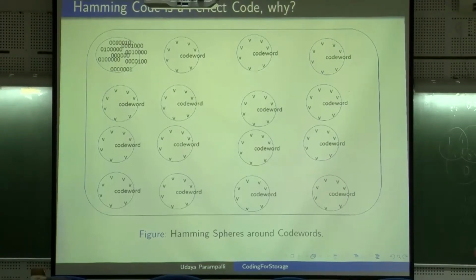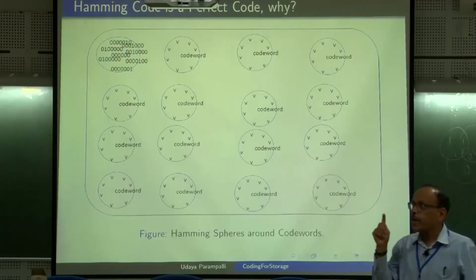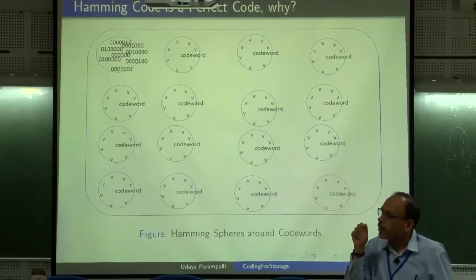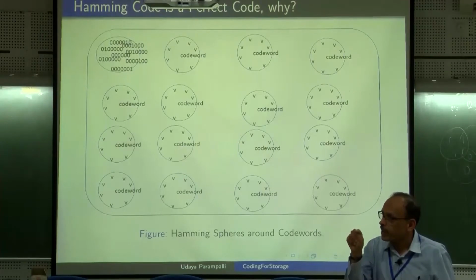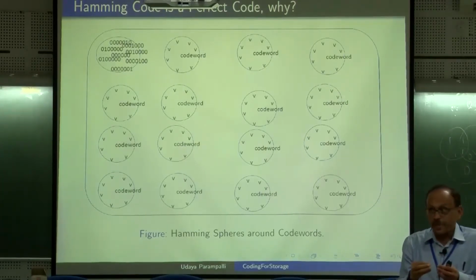This idea, that I have a sphere around each code word, locate the received word in one among them, and decode to the code word associated with that sphere, is an assumption of decoding.